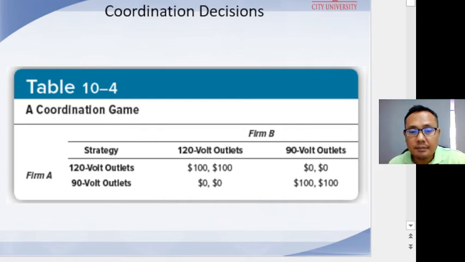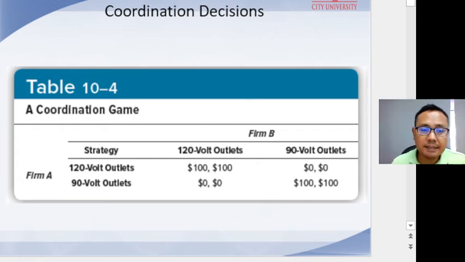If you think B will produce 90 volt appliances, you should do likewise. So you will maximize profit by doing what firm B does. Effectively, both you and firm B will do better by coordinating your decisions.